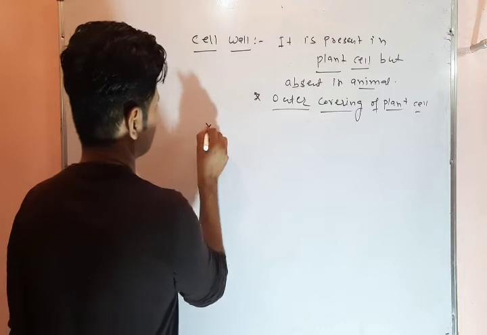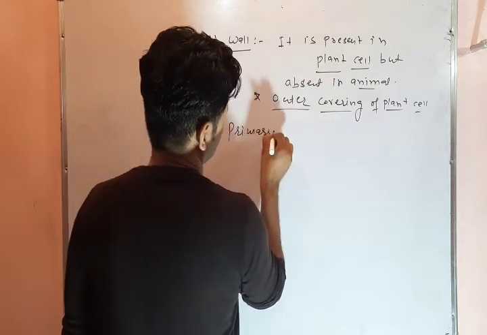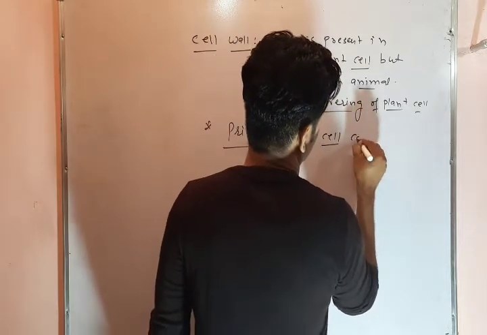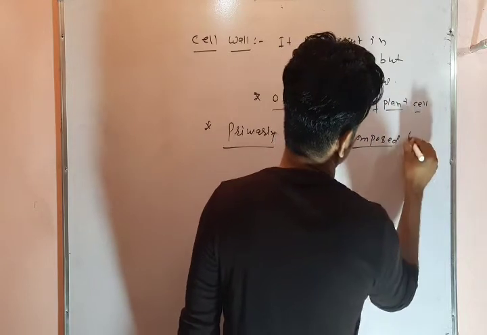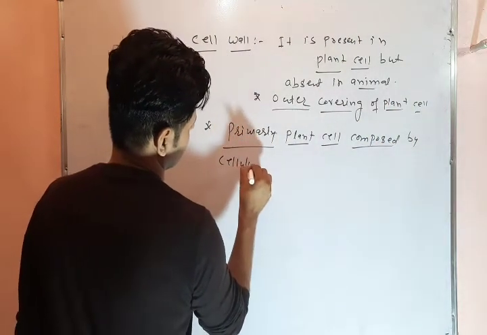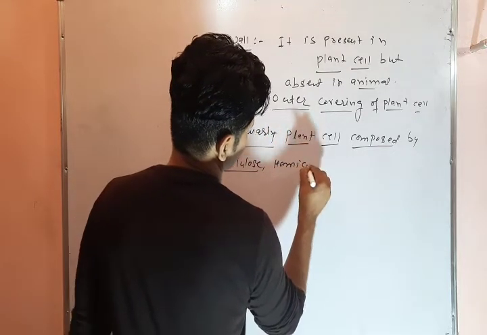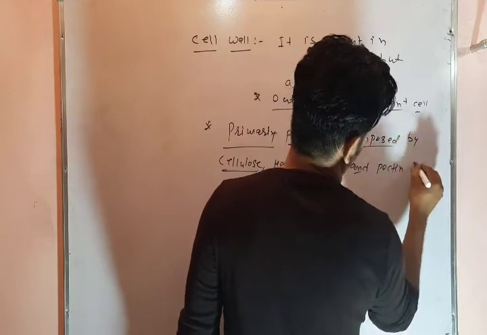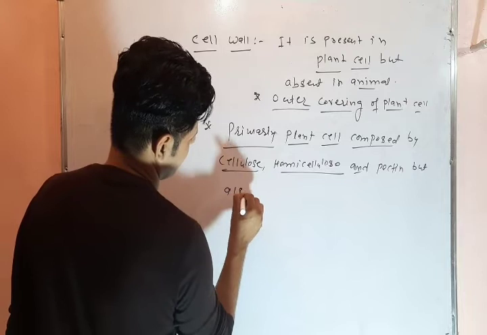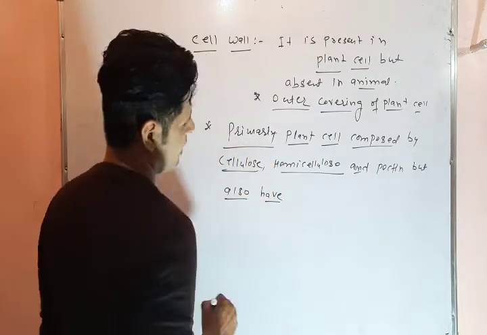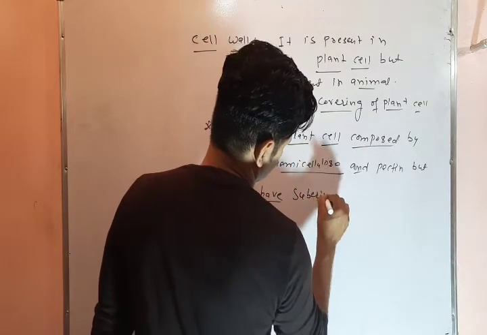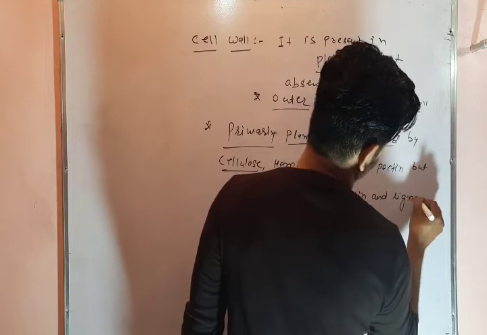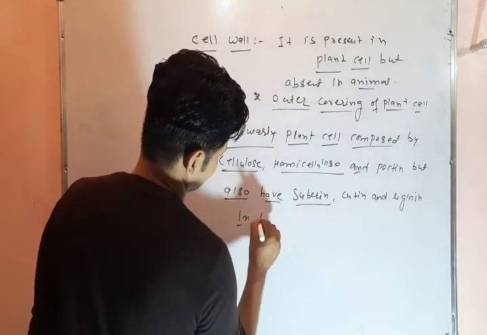So we can write that the plant cell wall is primarily composed of cellulose, hemicellulose and pectin, but also has suberin, cutin and lignin in its composition.